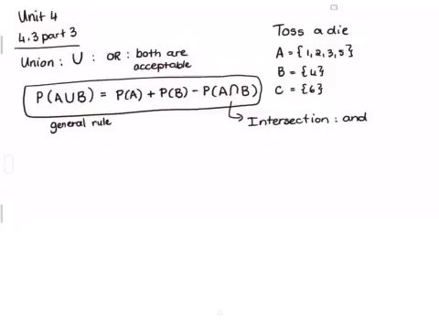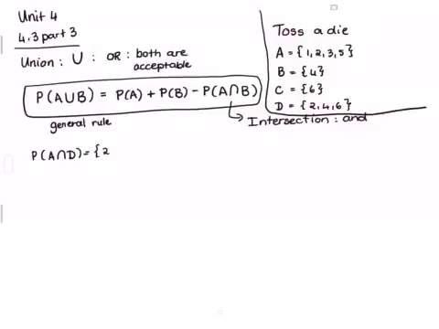So if we go back to our example here, and we include an event D, which was get an even number, then the intersection of A and D is 2. Let's maybe just do a few of these first. Intersection of A and D, which outcome lies in both of them?